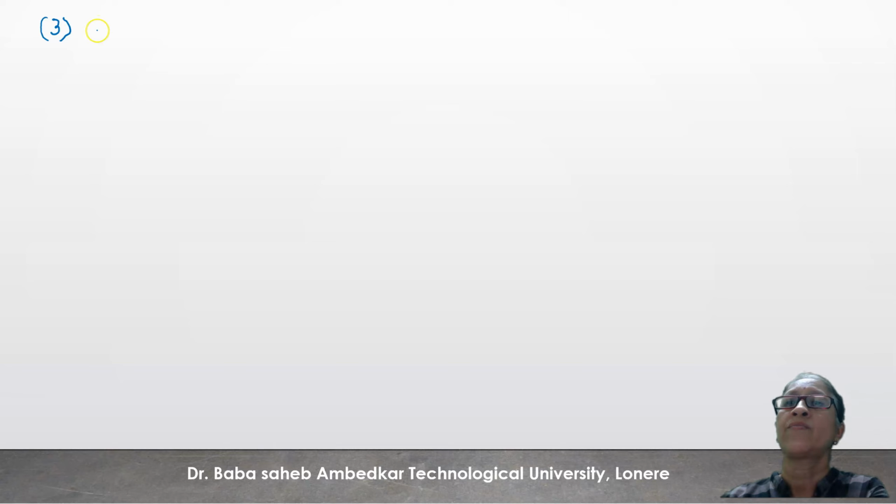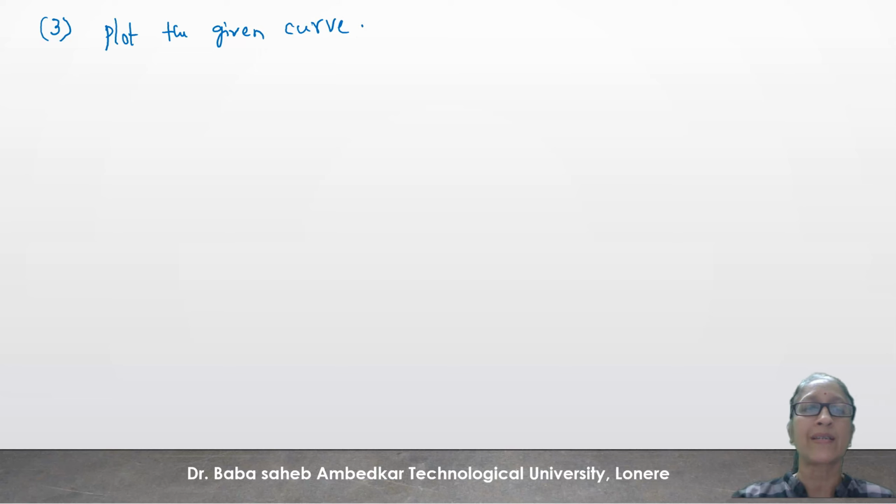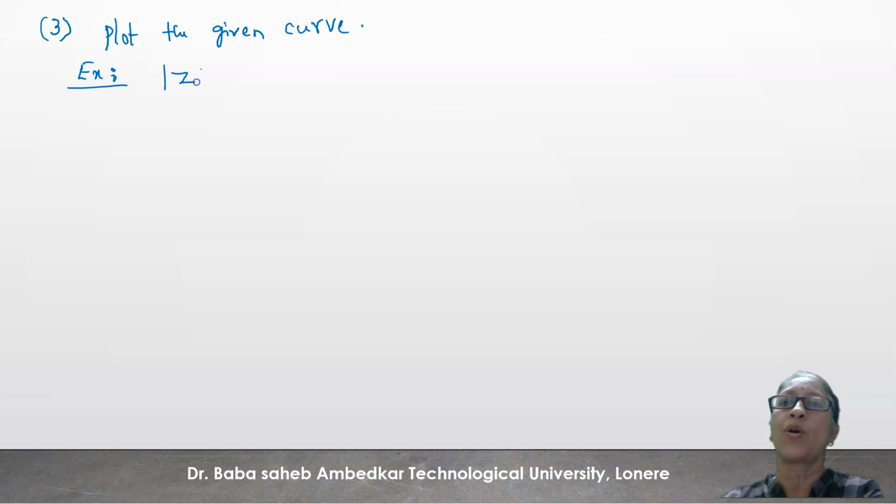So here observe, or plot, the given curve. Most of the times the given curve may be a circle. Let us see some example. If the given curve is mod z equal to 1, what does it mean? This is the equation of a circle.